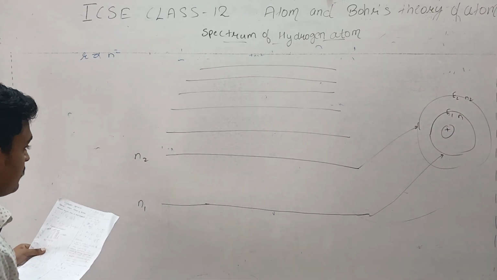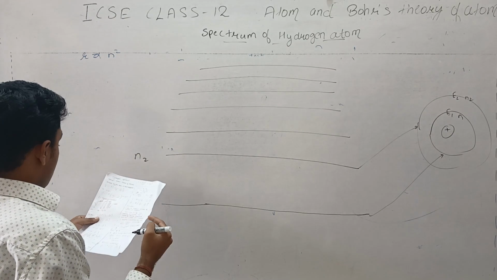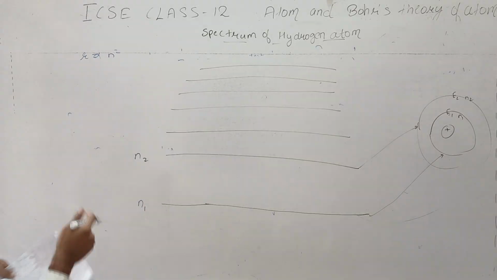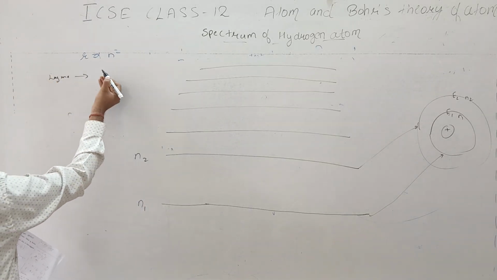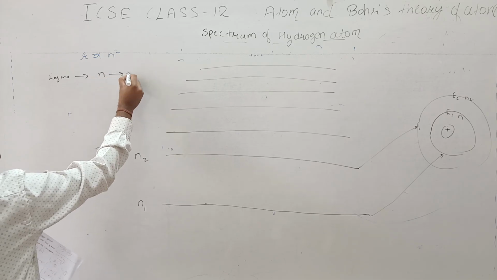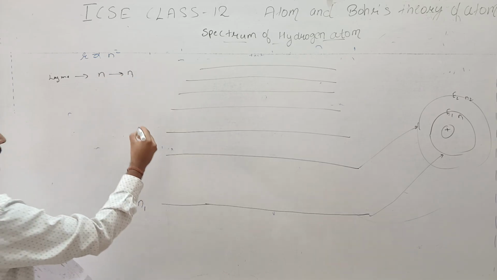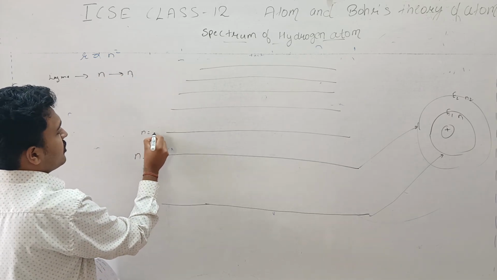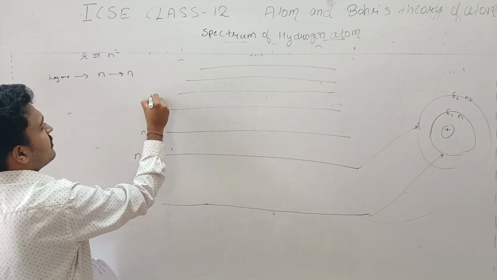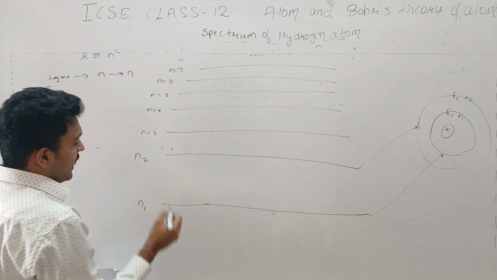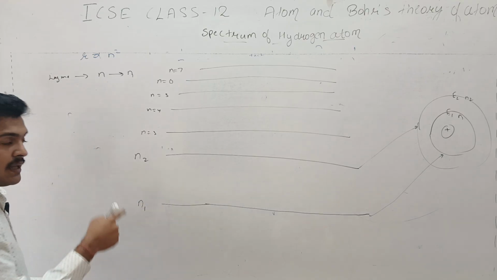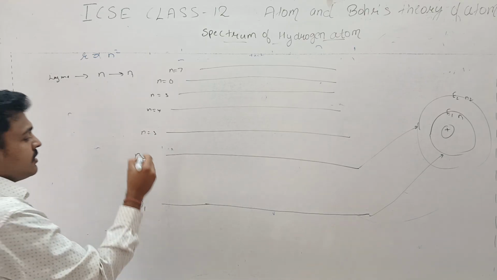So first we have the Lyman series. Lyman is the transition from any higher level to the n1 ground level. So any higher level, n equal to 3, 4, 5, 6, 7, to this level is the Lyman series.